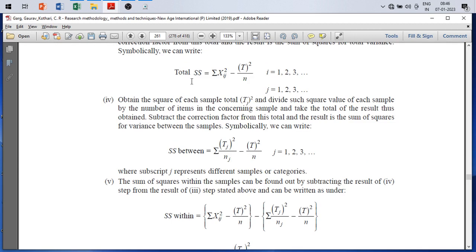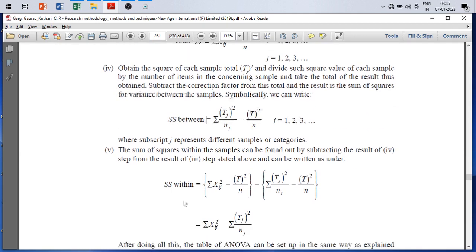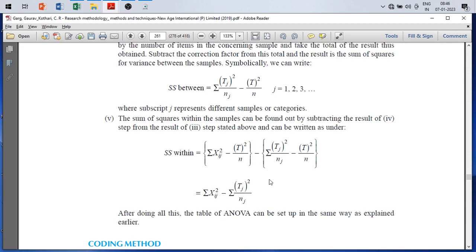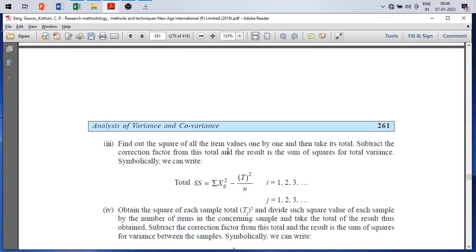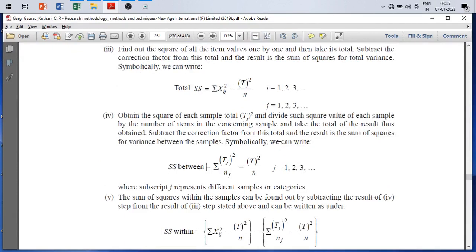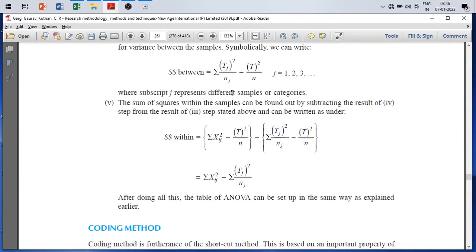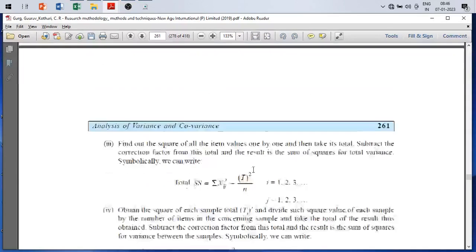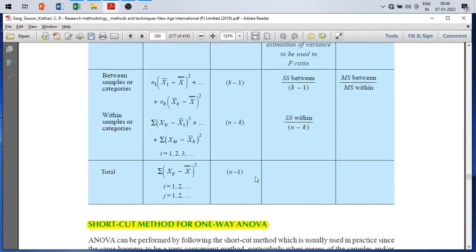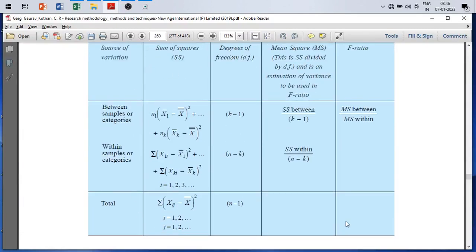And if we do SST minus SSB, you will get SSW. Just the difference of these two, that is SSW. If you use these formulas to calculate SST, SSB, SSW, that is called the shortcut method, and the previous one was the direct method. But regardless of whichever method we use, eventually you need to make this ANOVA table and calculate the F ratio.